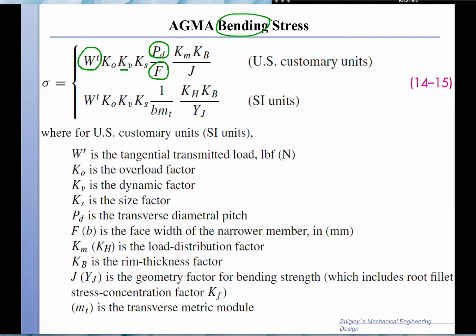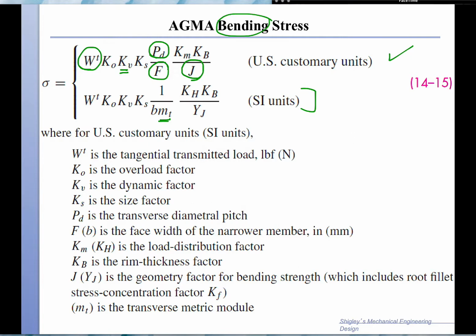We had the K sub V and we had a geometry factor Y. So this geometry factor Y is replaced by another geometry factor J for the bending stress. We will comment on the US customary units, and for SI units it's a similar equation with slightly different symbols in which the module replaces the diametral pitch because it's the inverse.